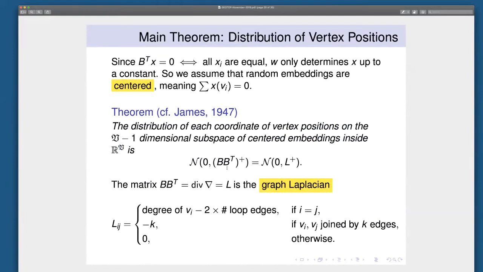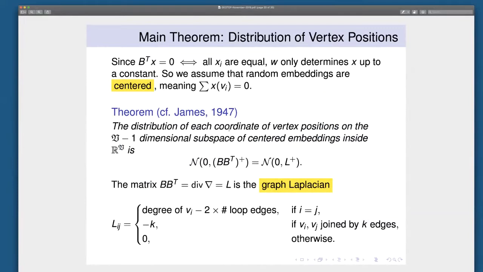We multiply by the standard Gaussian by B transpose plus transpose times B transpose plus, and the two transposes cancel, and what you end up with is a multivariate Gaussian whose covariance matrix is given by BB transpose plus. And that's supported on the space of centered embeddings inside R to the V.